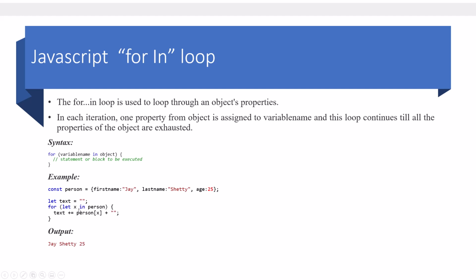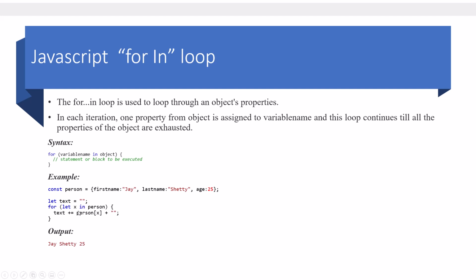Let x in person means the variable name is x and person is the object. And in the block of code, we are getting the value from the object. Here the text value will now store person[x], meaning the first value, because this x variable is from person, plus a space for the spacing.